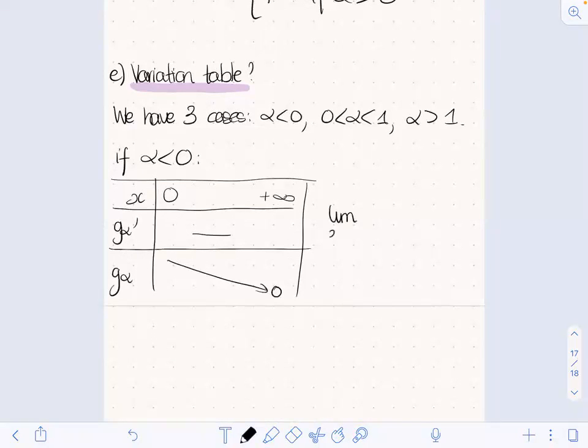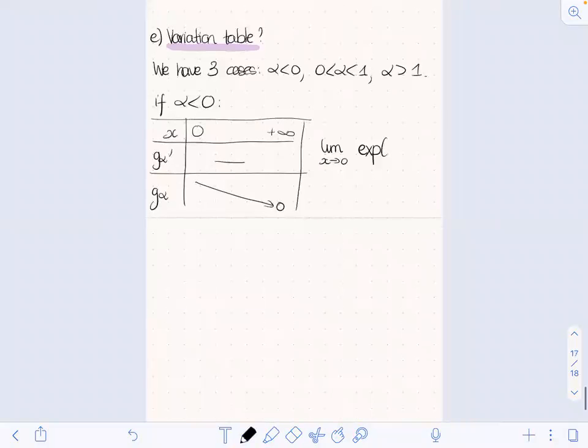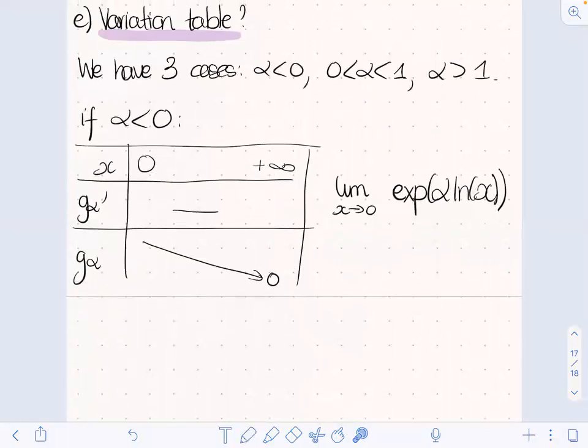So the limit when x goes to 0 of exponential x alpha logarithm of x. If alpha is negative, logarithm of x goes to minus infinity, and so times the positive value will go to minus infinity, and the exponential goes to plus infinity then. And so the function basically goes down from plus infinity without being defined at 0, and then decreases all the way down to 0 at plus infinity. So that's the first case.